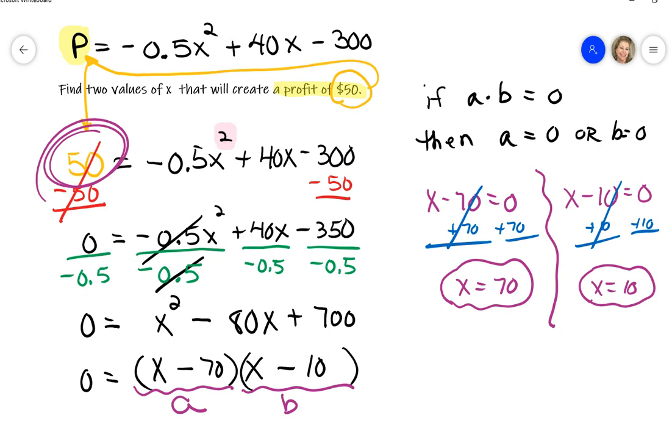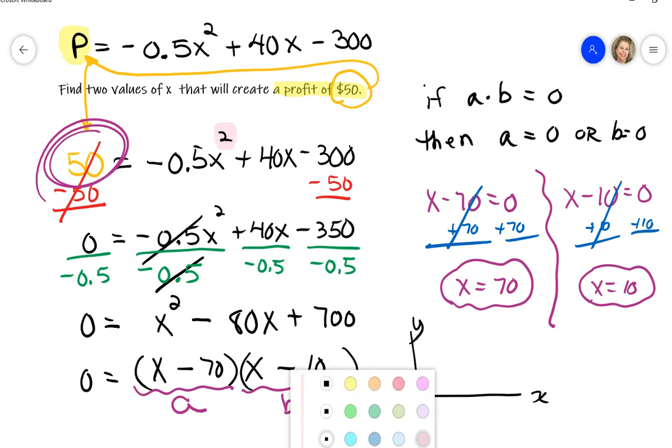Now you're probably thinking, what? Well, this is a quadratic equation, and I don't know if anybody remembers this or not, but if you were to graph this on an XY axis, here's X and here's Y, and you look at this equation, go back up here, I have a negative 0.5x squared.